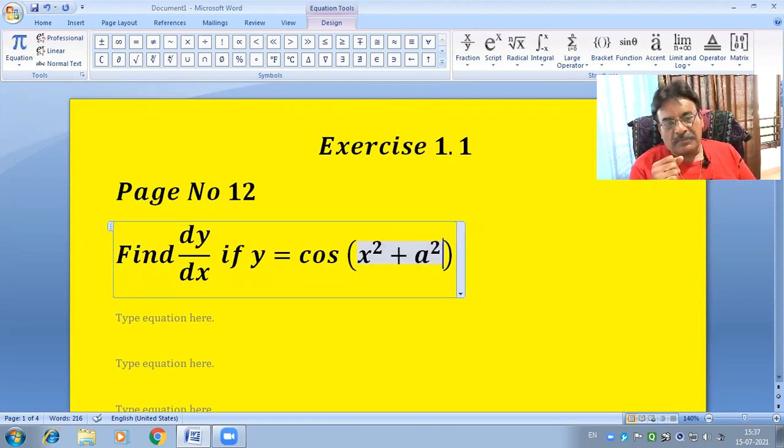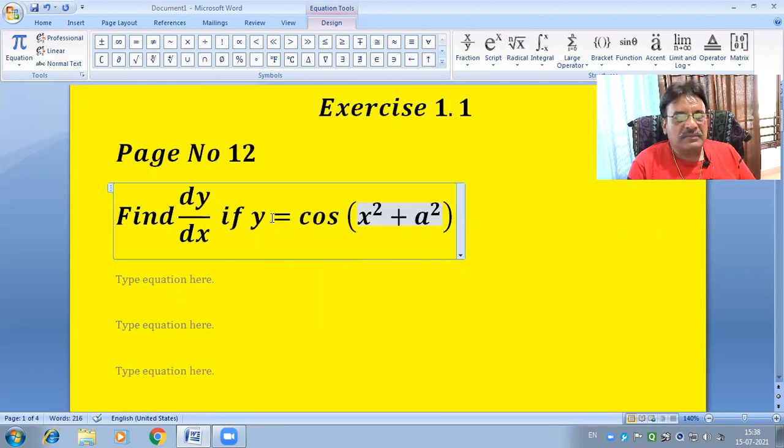This is the first problem from Exercise 1.1 in the board book, page number 12.